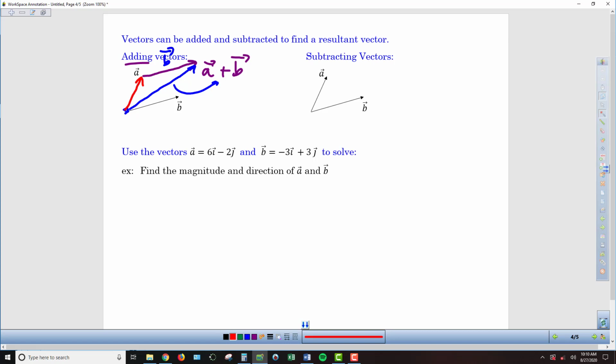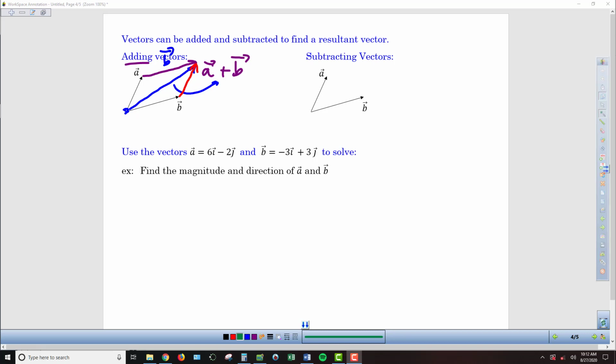So instead of translating b so that it was tip to tail with a, I could take our vector a and place it so that it is tip to tail with b, and hopefully that diagram shows you that our vector addition is commutative. So it did not matter whether I did a plus b or if I did b plus a, I'm going to get the same vector as a result.